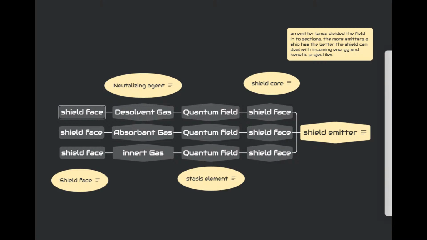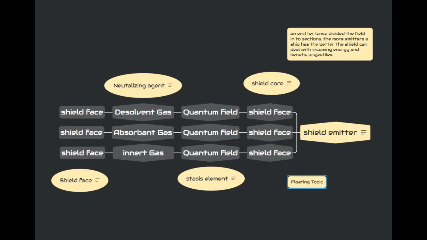It's the angle at which you could split. So if we wanted to create a sort of shield, let me just say important.